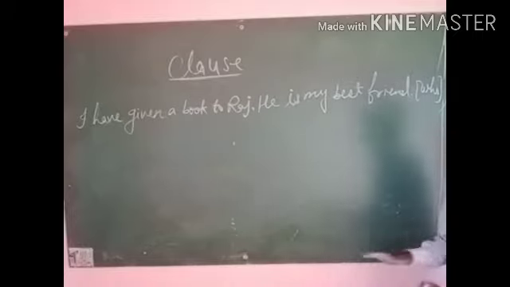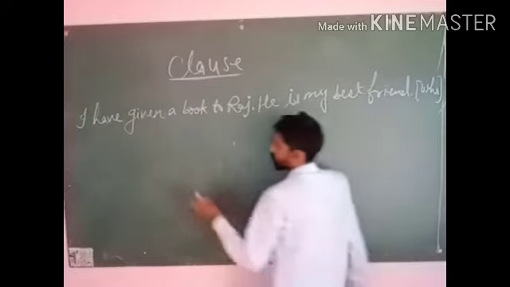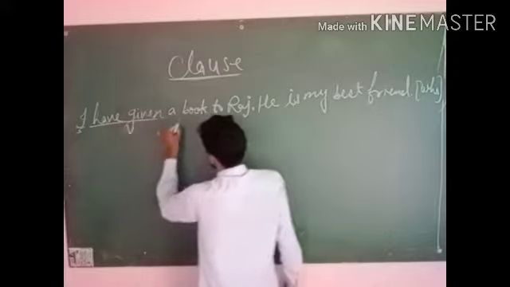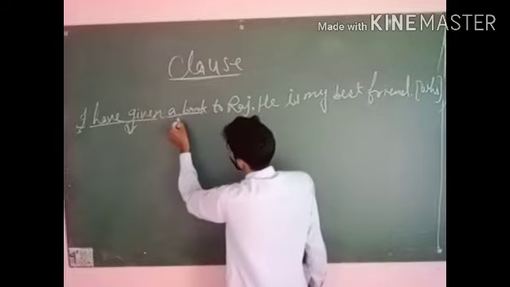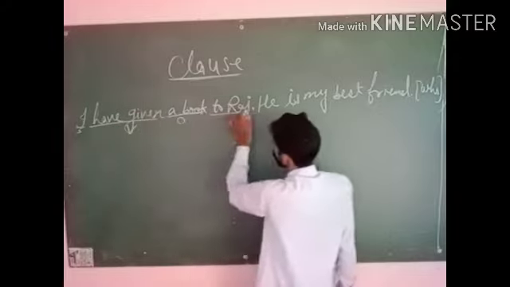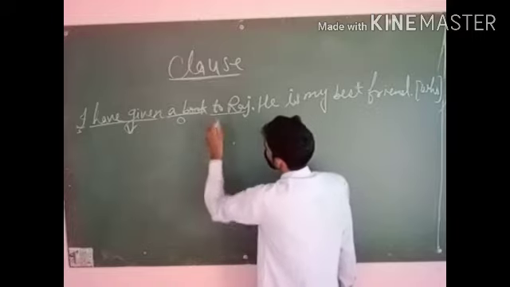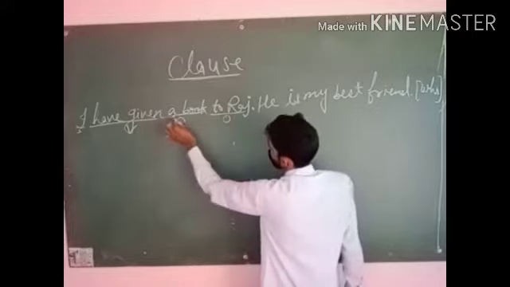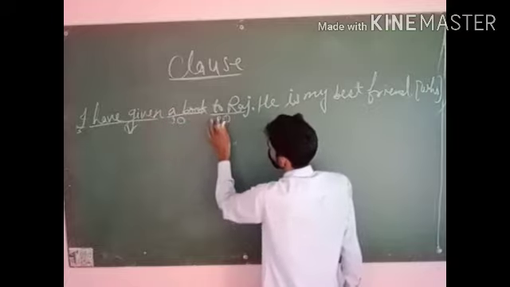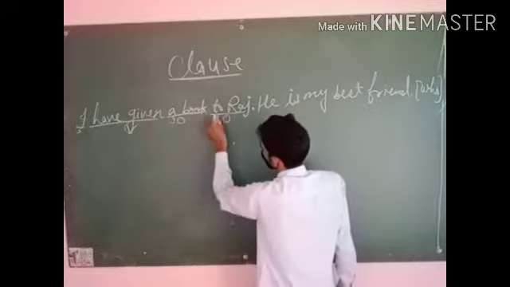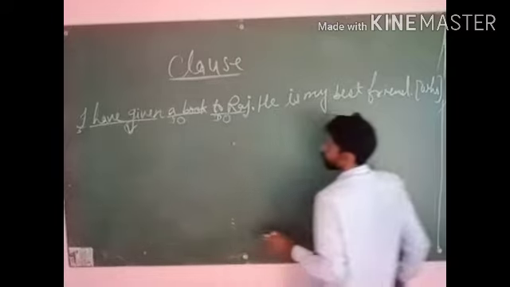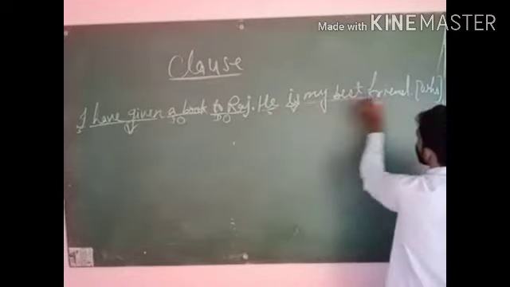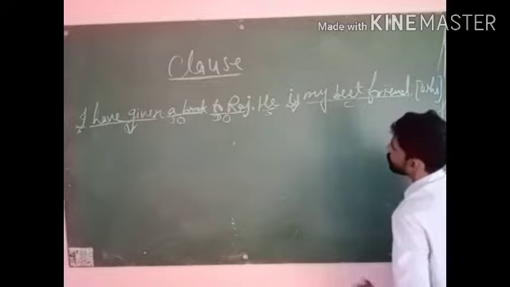Same thing. We have to consider the elements. I is the subject, have given is the verb, and what have I given? A book. This is the direct object, and to whom I have given the book, to Raj. This is the indirect object. In the second sentence, he is the subject, is is the verb and my best friend is the complement.